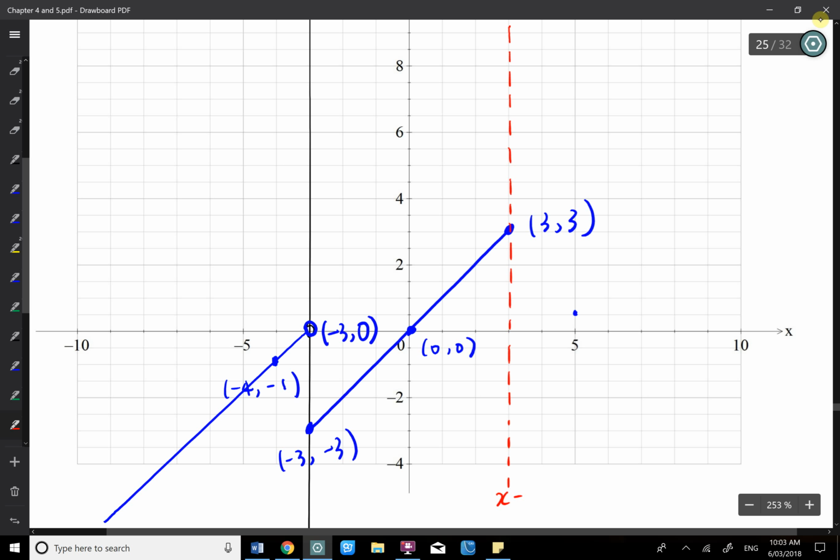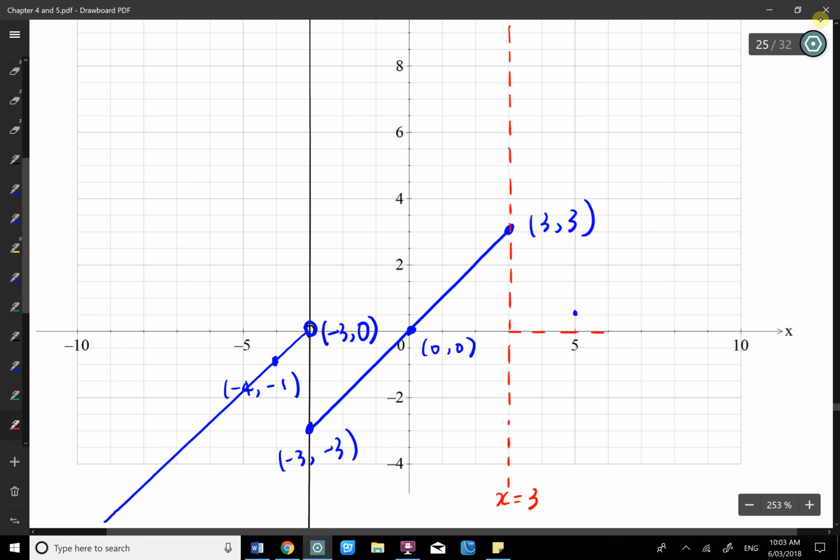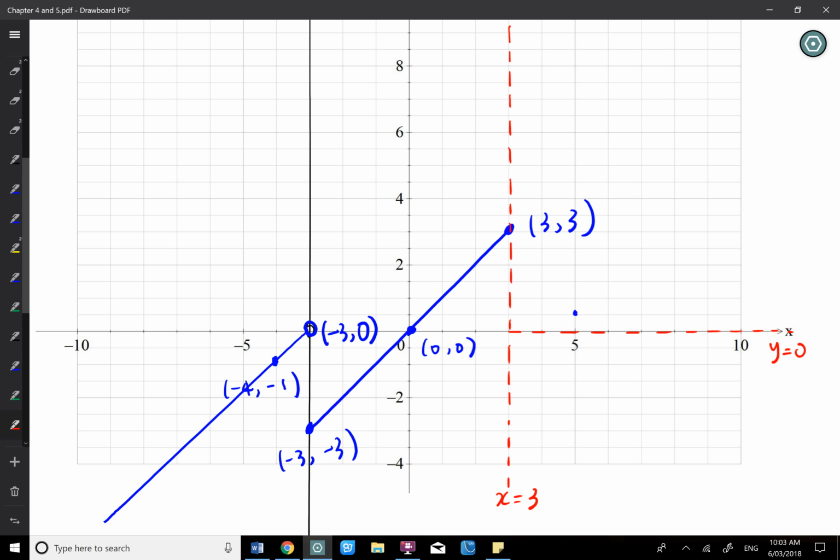That's x equals to 3. And then I will do half of this as well. I will say that's y equals to 0. Why do I draw half? Because I don't have a hyperbola graph on the left hand side. My hyperbola only exists after this black line and onwards to the right. So I will just draw half of the asymptotes here.